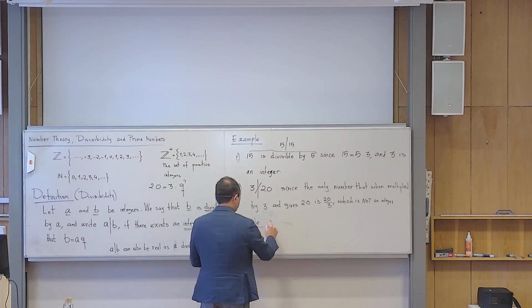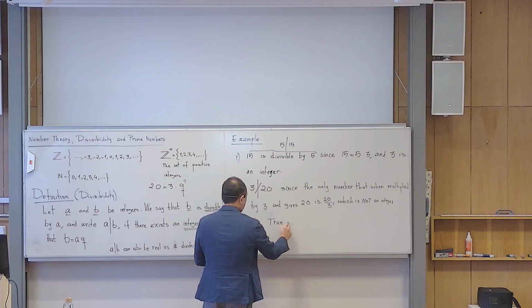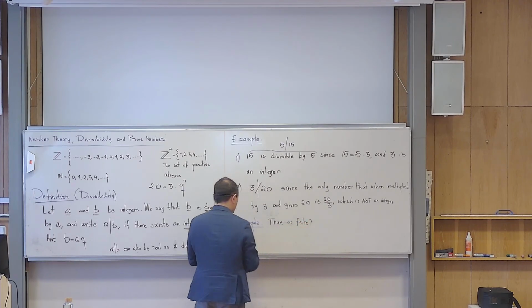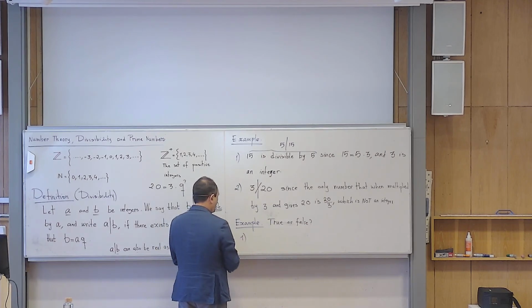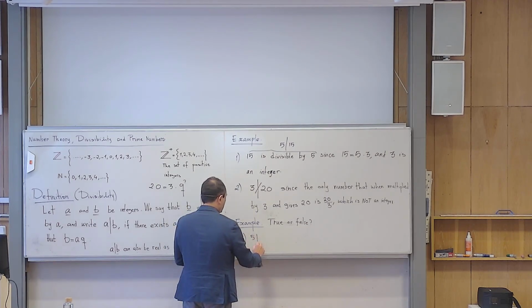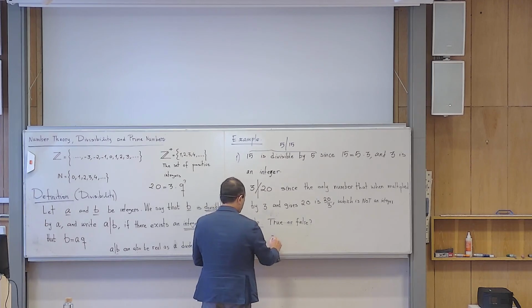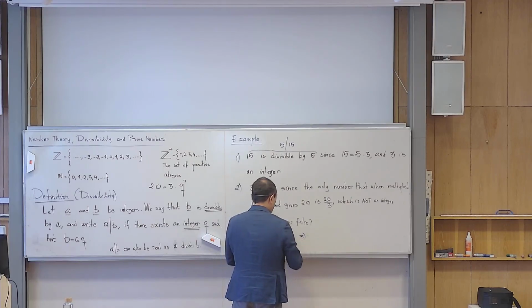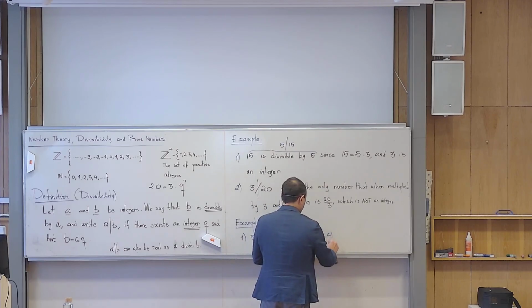True or false? Number 1, 5 divides 0. Number 2, 0 divides 5. Number 3, 5 divides 5. Number 4, 0 divides 0.